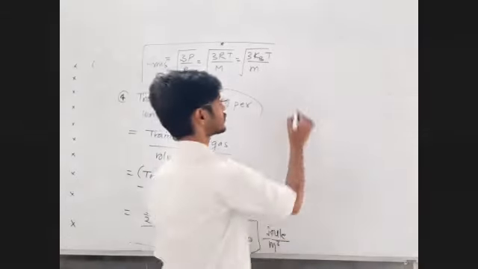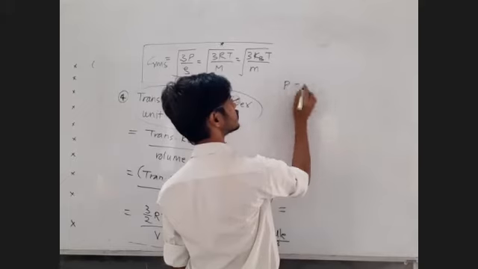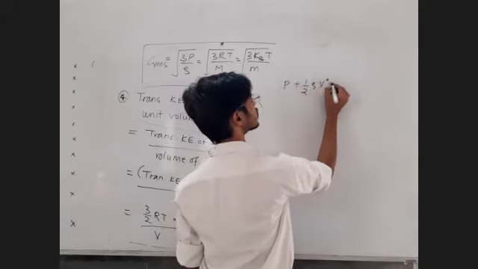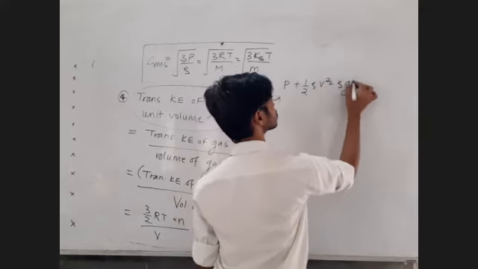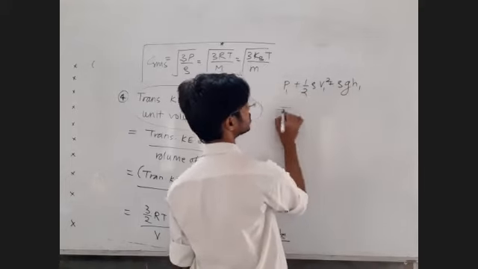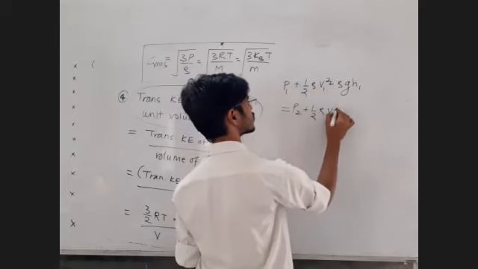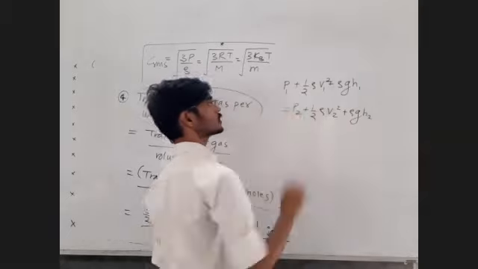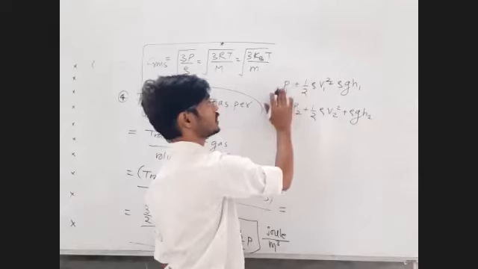What was Bernoulli's theorem? Pressure energy per unit volume plus half rho V square plus rho g h. P1 plus half rho V1 square plus rho g h1 is equal to P2 plus half rho V2 square plus rho g h2. Their pressure into volume was a form of energy divided by volume. Volume cancels, only pressure remains.